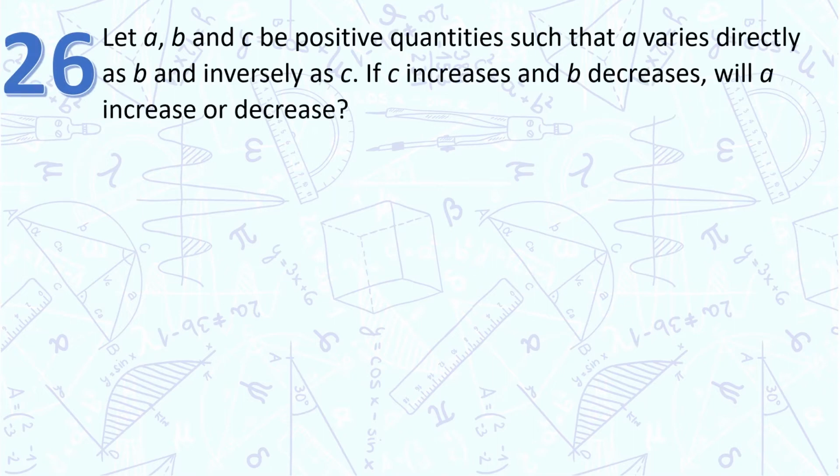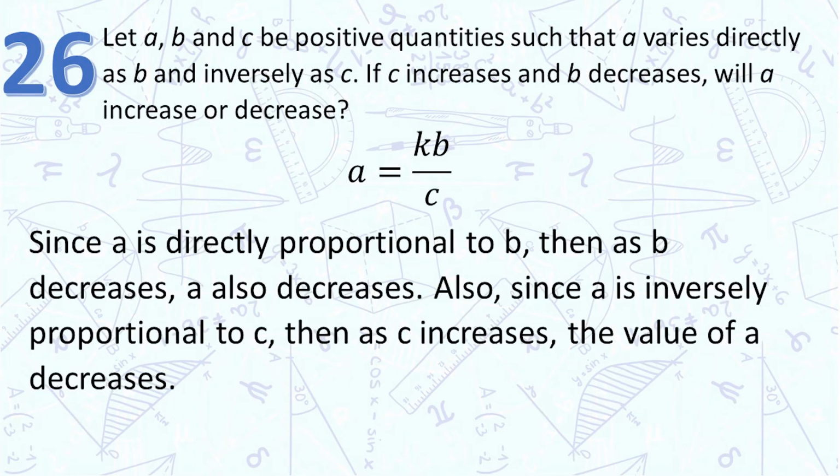Number 26. Let A, B, and C be positive quantities such that A varies directly as B and inversely as C. If C increases and B decreases, will A increase or decrease? Let us have the model of variation. We have A is equal to KB over C, where K is the constant of variation.